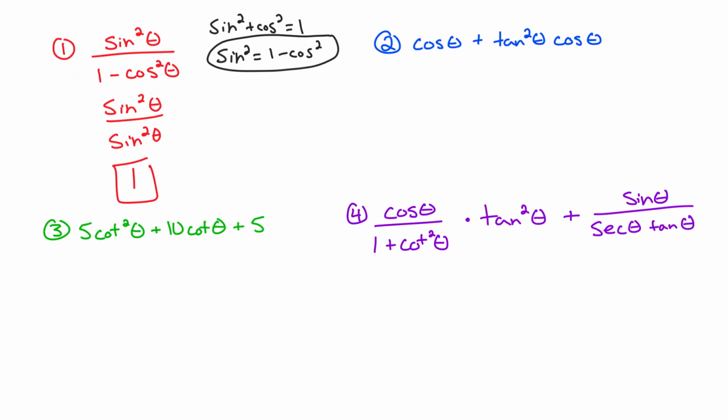In problem 2, I have a binomial, cosine plus tangent squared cosine. They both have a cosine in common. Therefore, I could factor out a cosine and be left with 1 plus tangent squared of theta. 1 plus tangent squared of theta is an identity. 1 plus tangent squared, or tangent squared plus 1, is equal to secant squared.